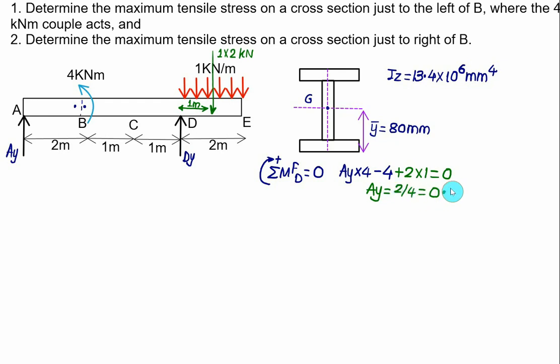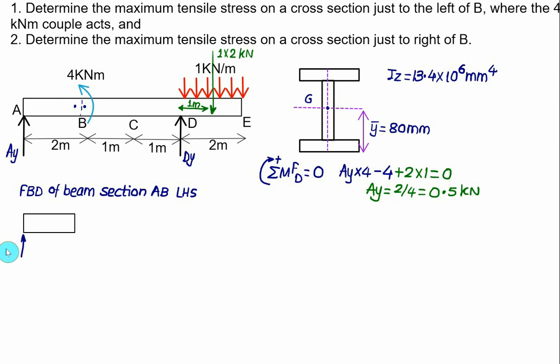0.5 kilonewton. Now first we calculate the maximum tensile stress on a cross section just to the left of B. When we say the left of B, then we will not show the moment. Since we are interested at B, we'll consider the FBD for the beam AB. In that case we have to show the reaction here.